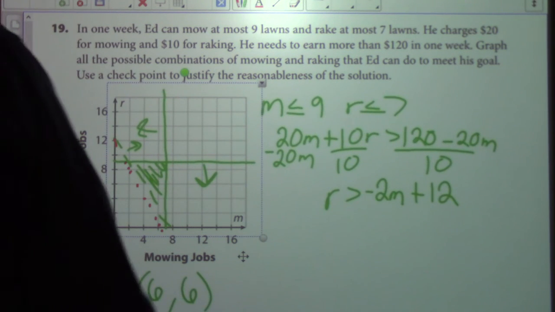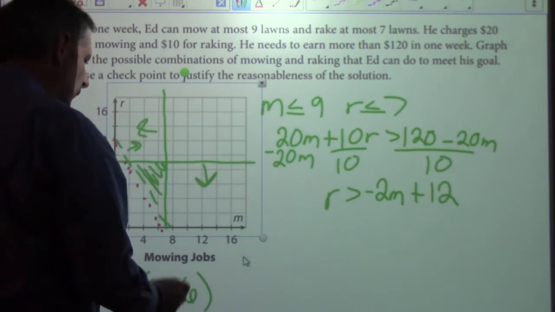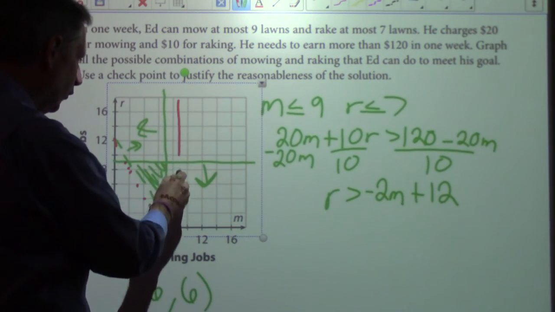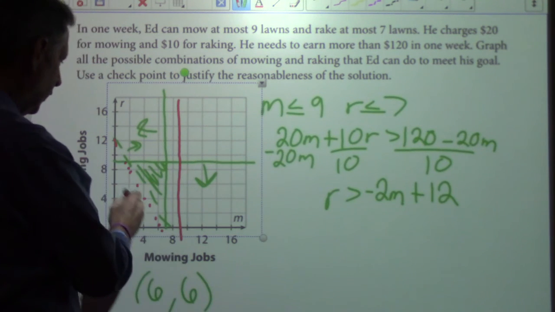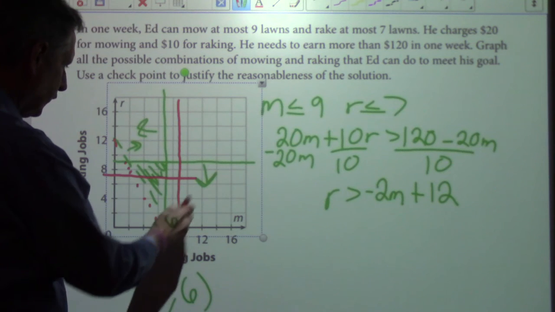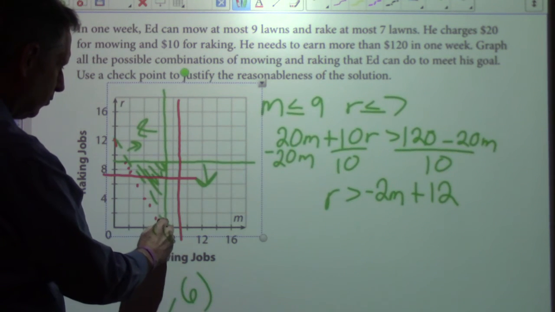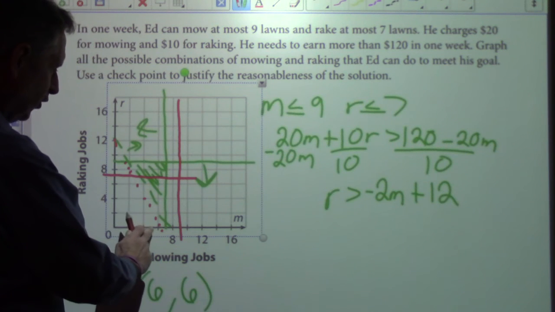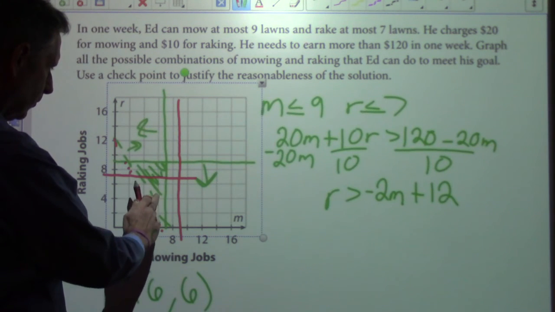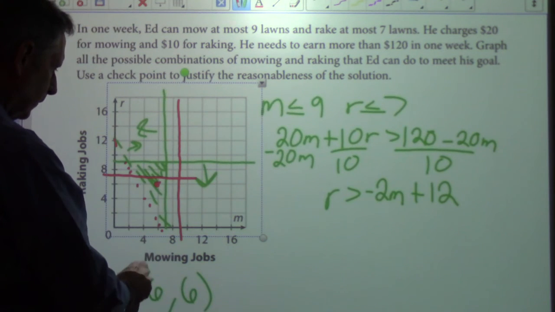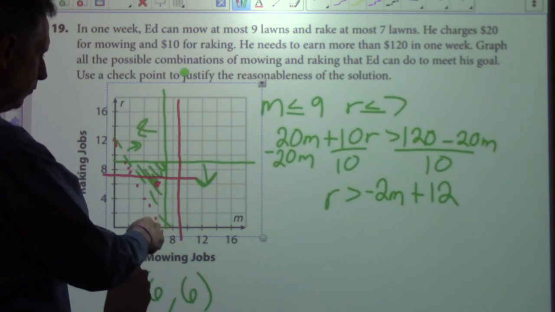So I'm just gonna rewrite it in red. So here's the 9 right here, like this. Just moved over. And this one here is 7, right? So this is our little area in here, right? And she said 6, 6. Is that still a good number? Yes. Should be good, right? 6, 6. And so we could test it.